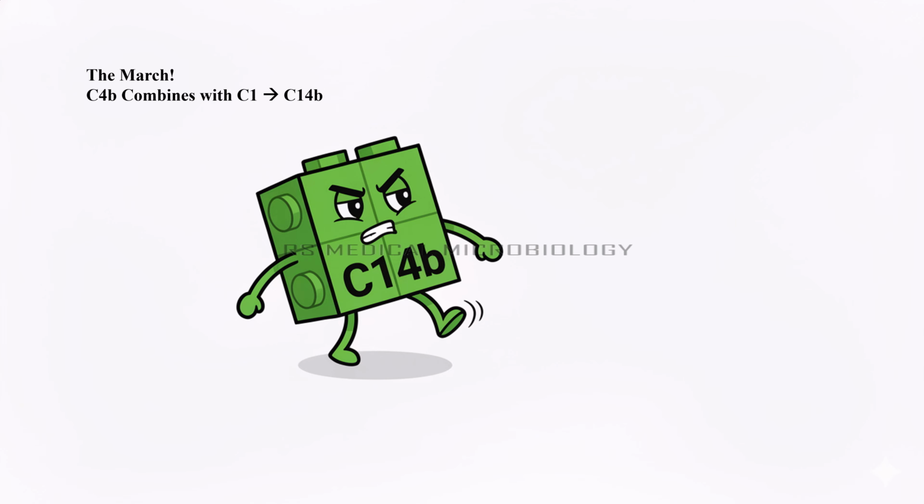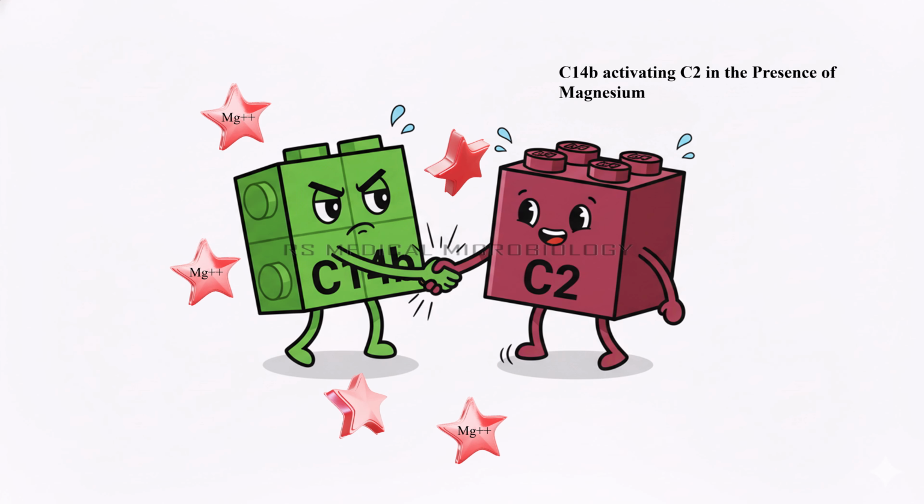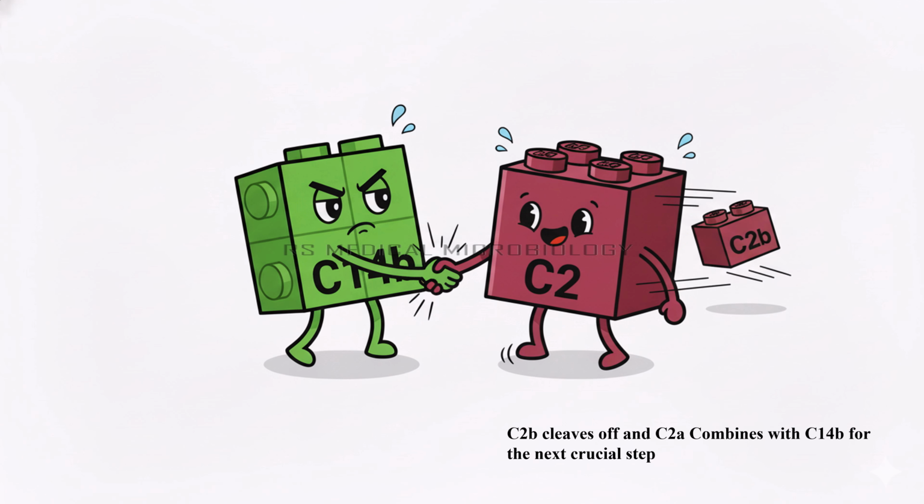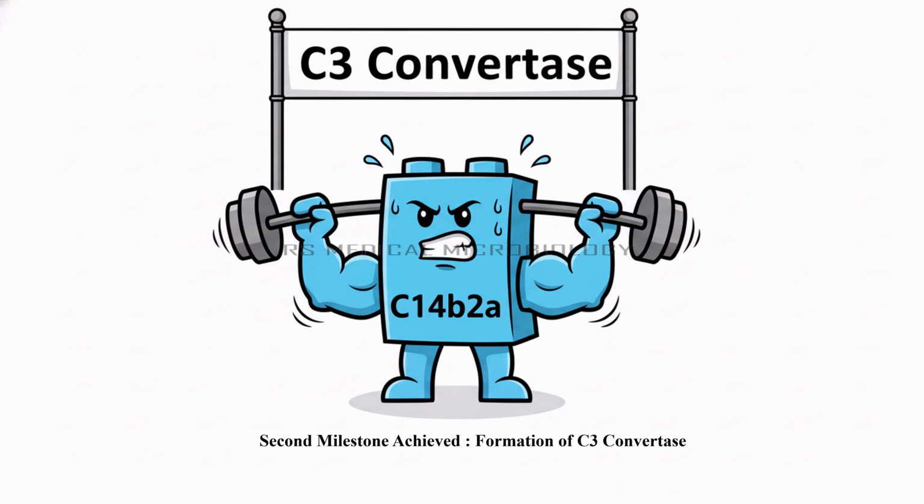Now this has to have an amplified response, so it will go and attach with C2 in the presence of magnesium. That again leads to cleavage of a small component, C2b, which goes out into the bloodstream. The C2a will combine with this existing C14b, and that forms what is called the C3 convertase.